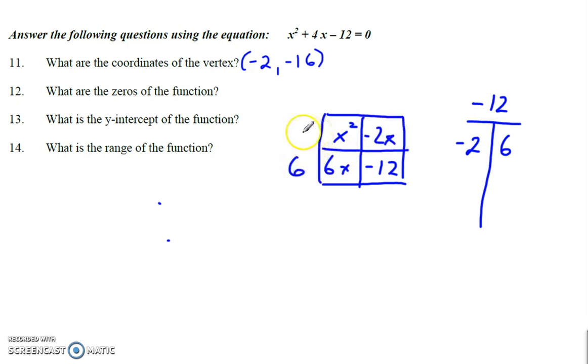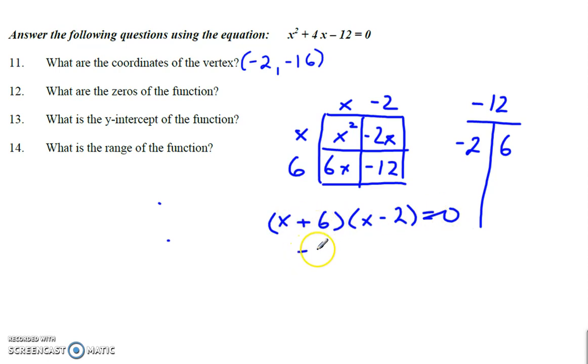Here we have 6x right here, negative 2 there. Check it quickly. 6 and negative 2, x times 2. Correct. Okay. So x plus 6 times x minus 2 equals 0. This one is 0 if it's negative 6. This one is 0 if it's positive 2. So my zeros are negative 6 and positive 2.